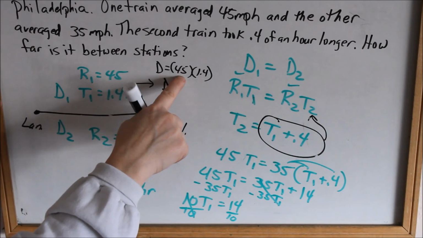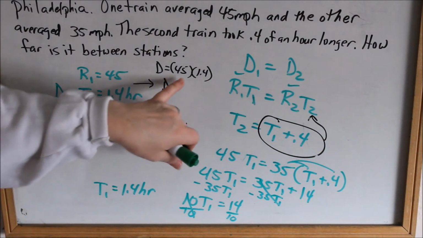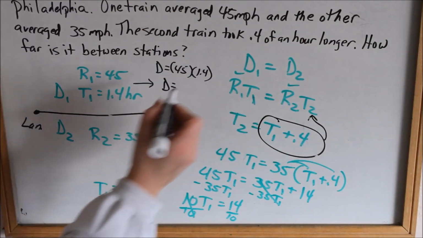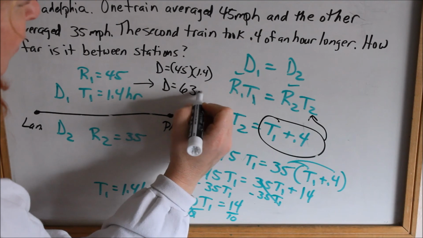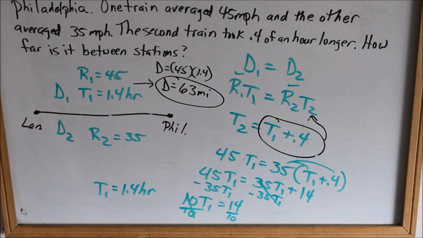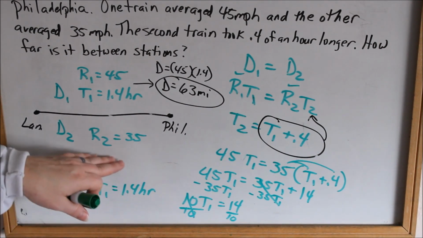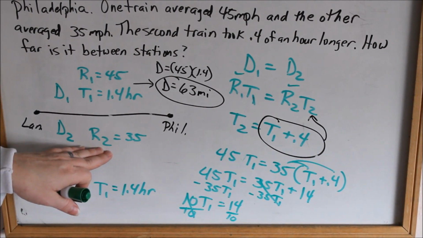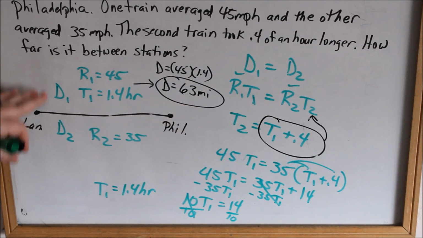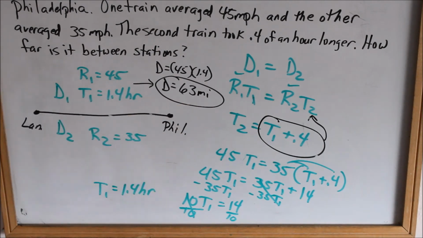This was miles per hour and that was hours, so our hours will cancel to leave miles. 45 times 1.4 is 63, and the unit left is miles for distance. Even if we had solved for T2 and used it with the information from train 2, we would still come up with the same answer, 63 miles, because the distance should be the same. So how far is it between stations? 63 miles.